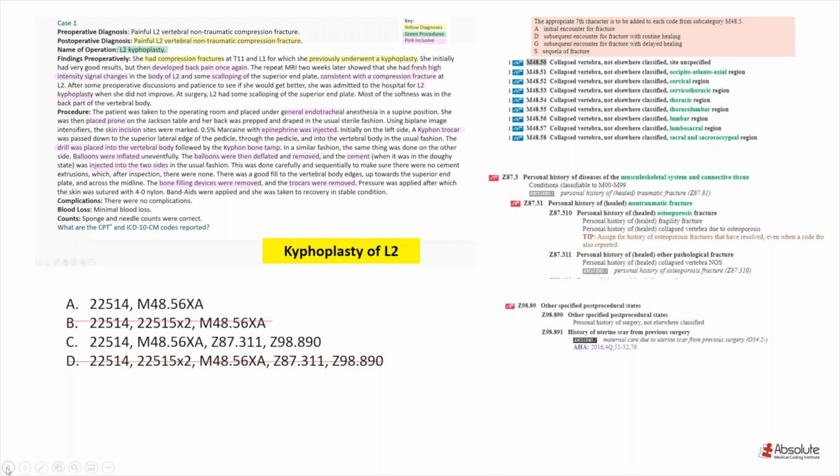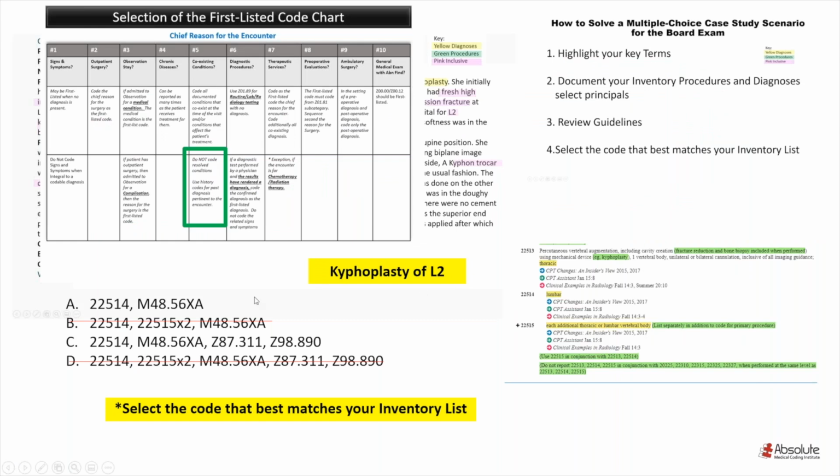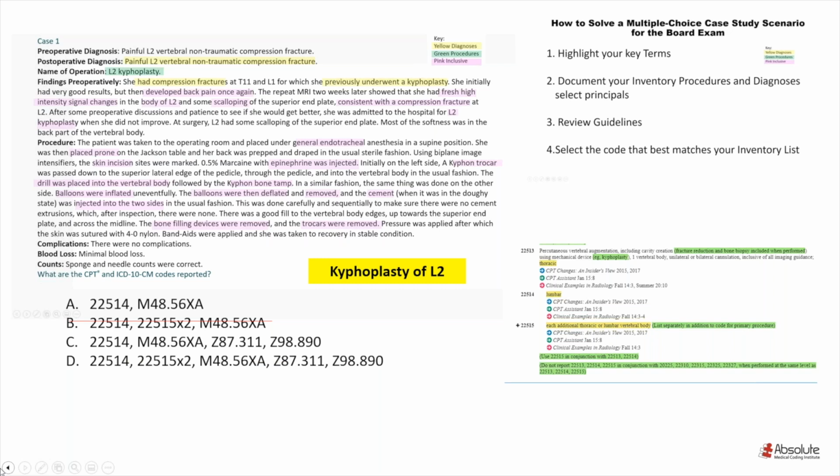Oh, let's go back. I went a little too fast. We eliminated something, and I wondered when it got eliminated. So our code is here. If you look, A, B, C, and D all share the same procedure code, 22513. The parent is a kyphoplasty.